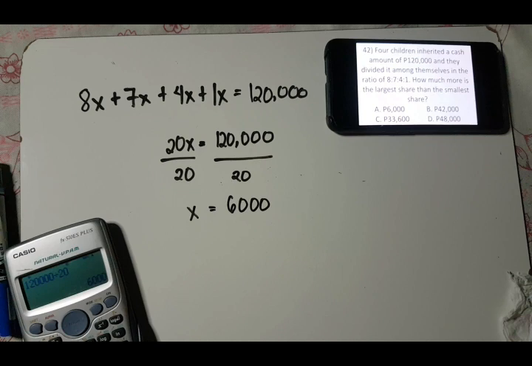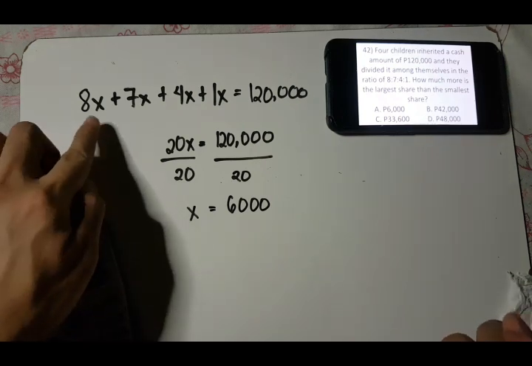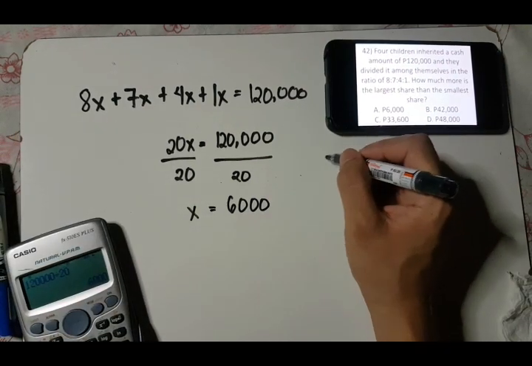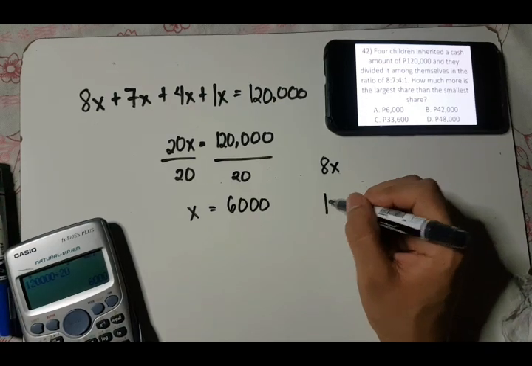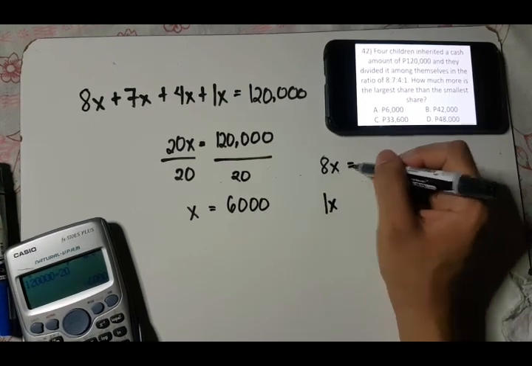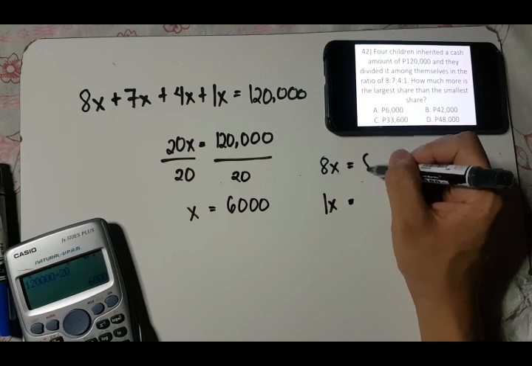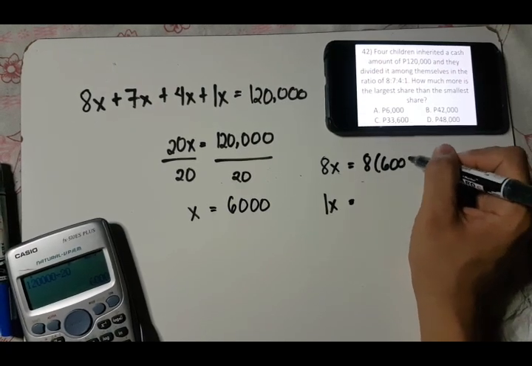Okay. Pero ang tinatanong lang naman yung how much more yung largest share, which is 8x, and than the smallest share, which is 1x. So, subtract lang natin silang dalawa. So, to get the value of this, substitute 6,000.